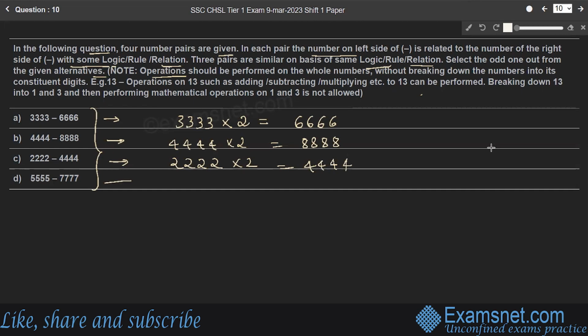But in the last pair, so 5,555, when multiplied by 2, you won't get 7,777. Instead, you will get 11,110. Therefore, option D is the odd one, right? Where first number into 2 is not the second number, according to option D. Therefore, option D is the odd one.